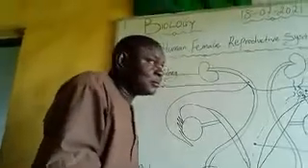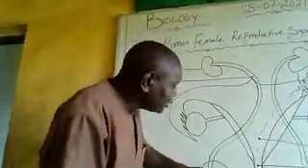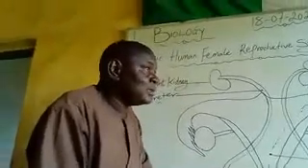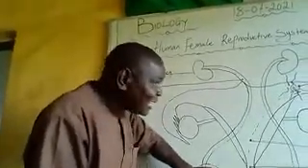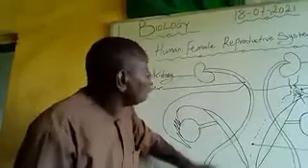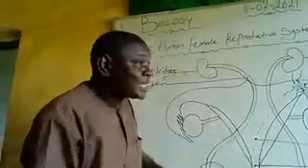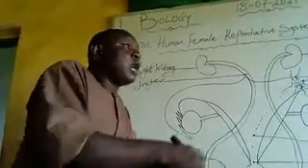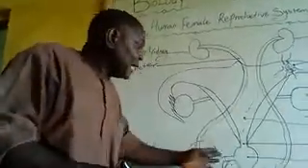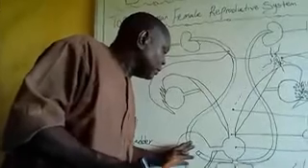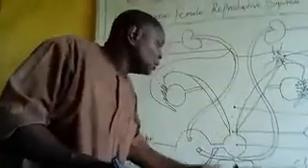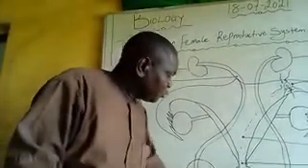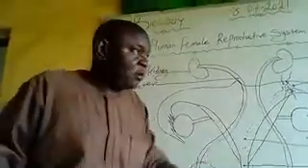When they get to this bladder, they turn to urine. Then the urine will finally be removed from the body through the vagina to the exterior.